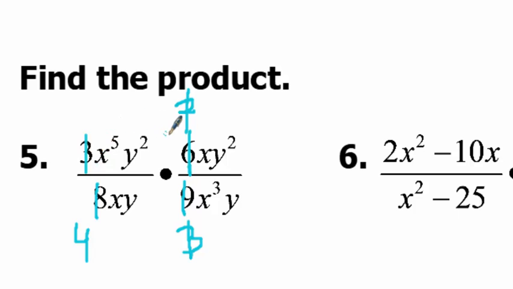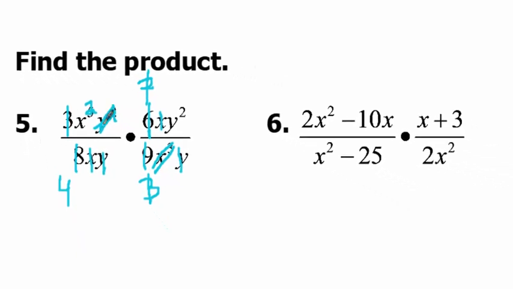I have x to the 5th, I've got an x down here, so I'm just going to cancel these 2. X cubed goes into x to the 5th. That means I need to subtract 3 from the power. Power is now 2. Y squared, this cancels with that one, and this cancels the rest of it.